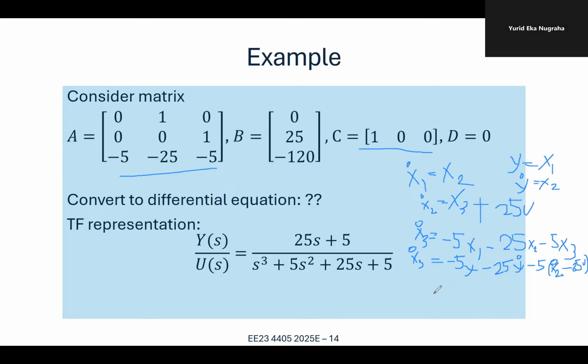Okay, so let's finish this up first. So this is minus 5y minus 25 y dot minus 5 x3. x2 is y dot, therefore x2 dot is y double dot.